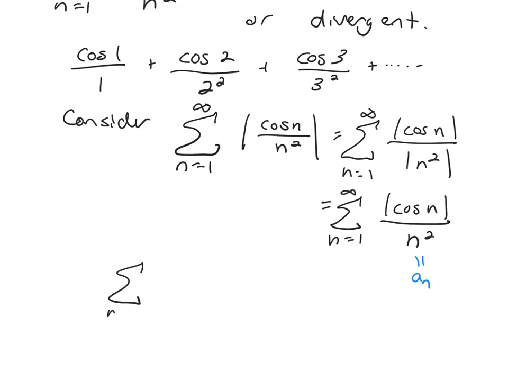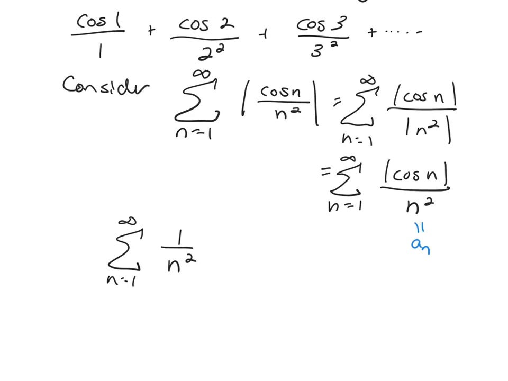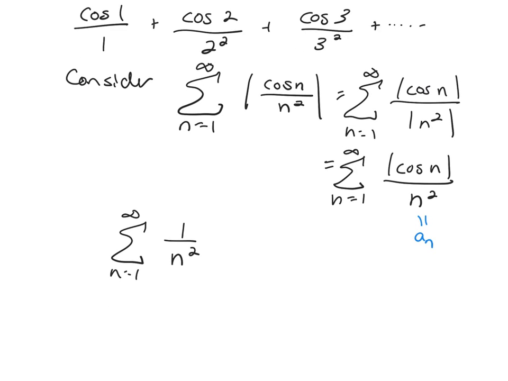The series I'm going to compare this one with is 1 over n squared, because the largest that the absolute value of cosine of n can be is 1. So we know that cosine of n is some value between -1 and 1. So when I take the absolute value, I'm getting a number between 0 and 1.